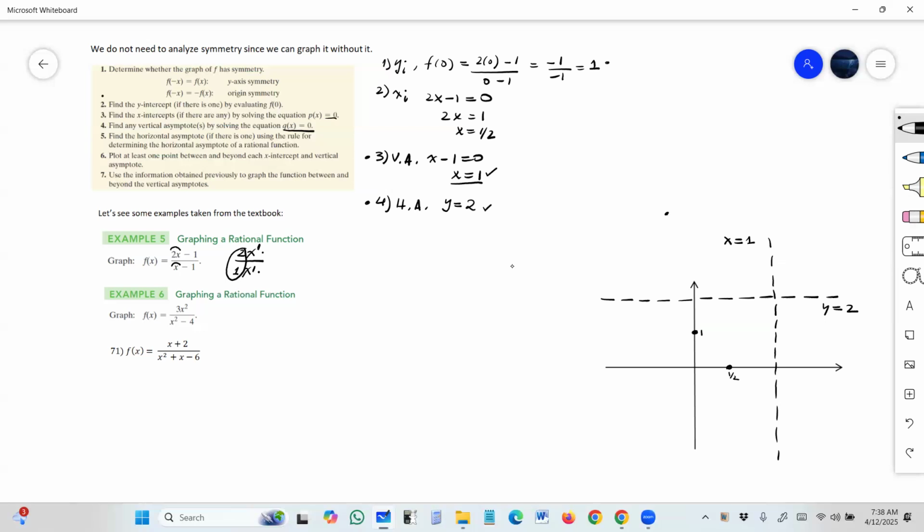I have this region, this region, this region, and this region right here. So I need to pick points to know exactly where the graph is in those 4 regions. So I need to pick a point here somewhere to see if my graph is here or here. Okay?